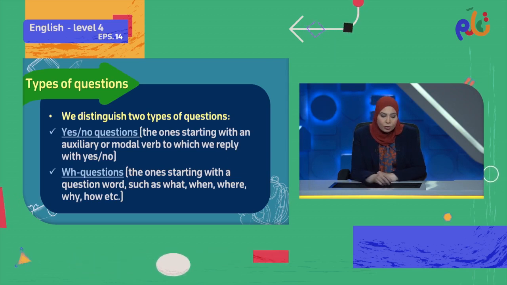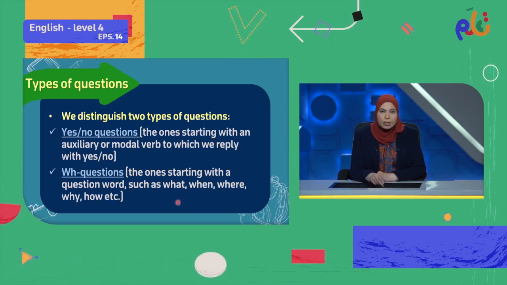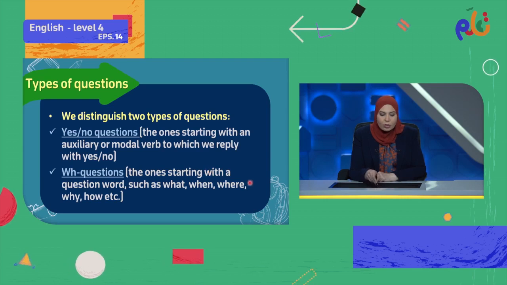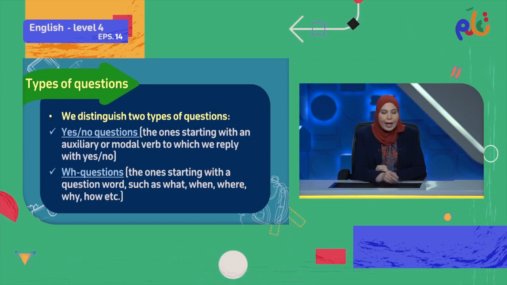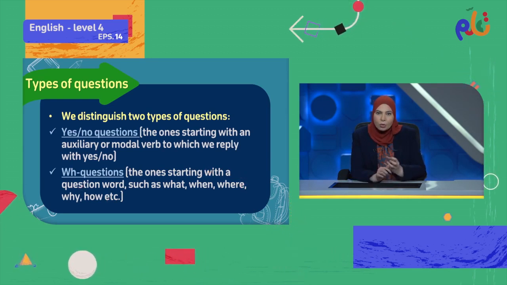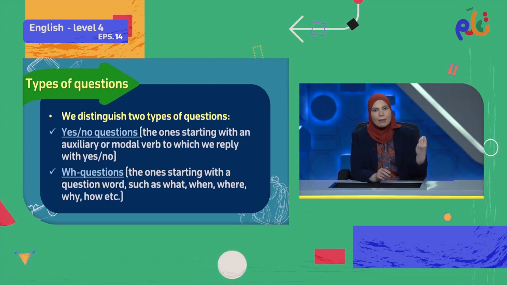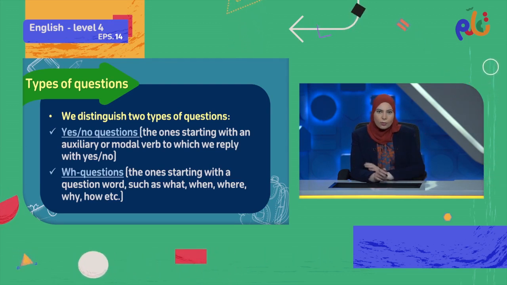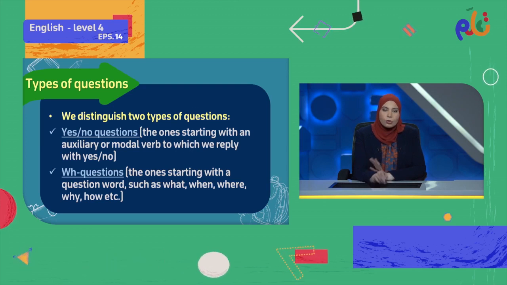And these ones start with a question word such as when, what, where, why, how. All these are question words that we will find in the beginning of a WH question. So now we have two types of questions and we know how we start yes, no, and how we start WH. So let's look at yes, no questions.